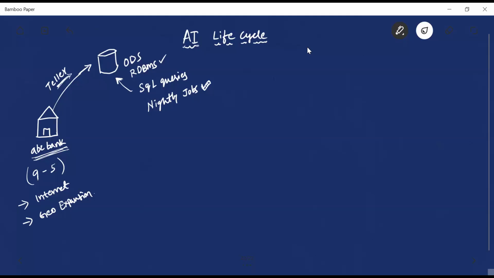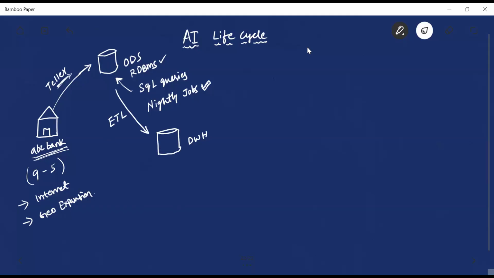That's when people started creating something called warehouses. Warehouses were a very popular option, called DWH, data warehousing systems. These data warehousing systems decoupled the operational data stores from the warehousing data stores. They use a process called ETL, extract, transform, and load.